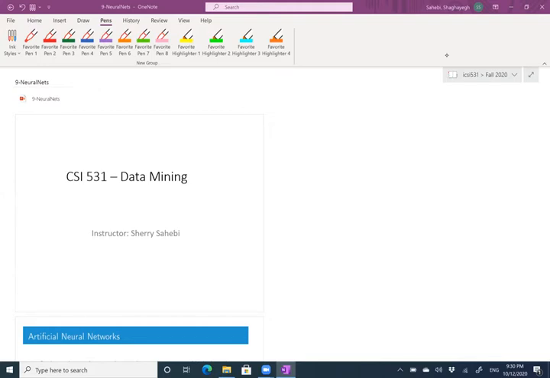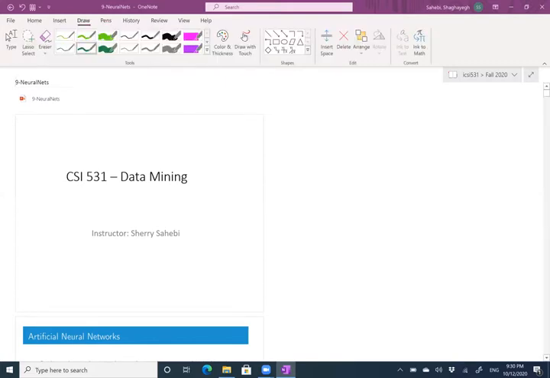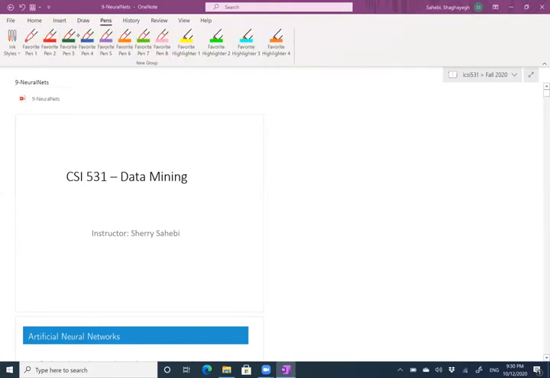So what they have is that they consist of some cells, let's say neurons. For example, suppose that this is our neuron, and let's call it Z, and it has some inputs, and then it does some functions on the inputs, and eventually it is going to have some outputs.